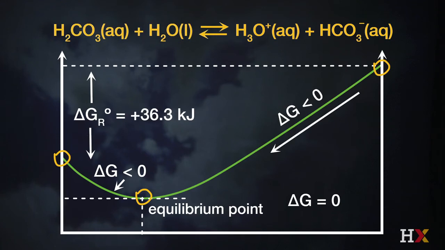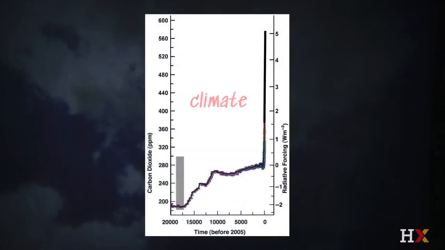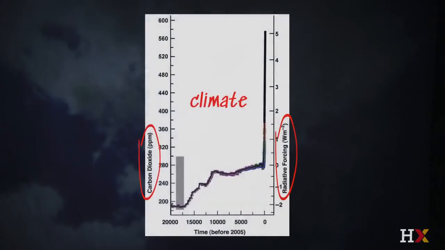Well, that allows us then to relate that reaction on a Gibbs free energy surface back to the climate, because now we can relate the carbon dioxide concentration parts per million to the radiative forcing. And once we can calculate the CO2 in the atmosphere and the response of the ocean carbonate system to increasing CO2, it means we can calculate the radiative forcing that results.